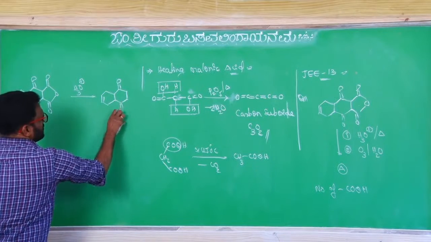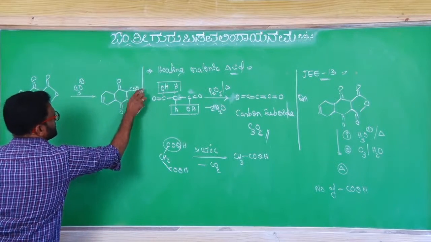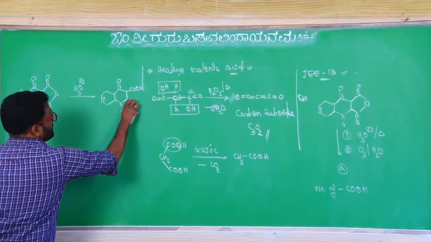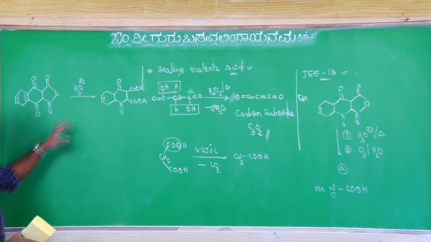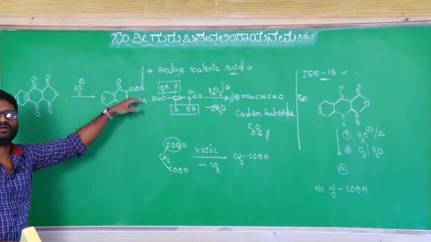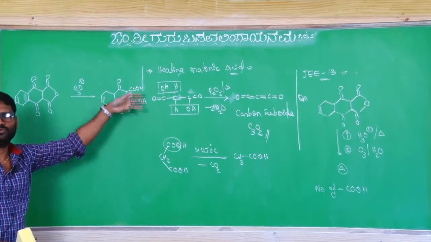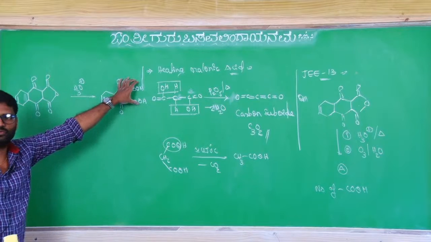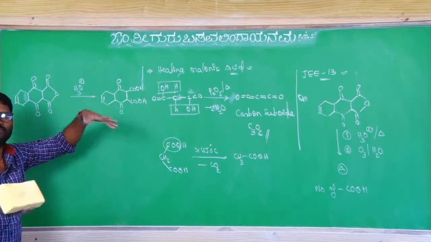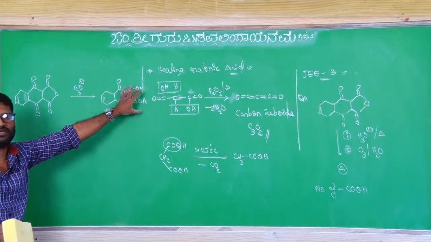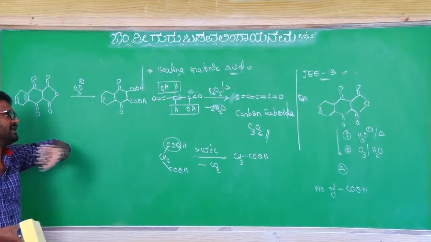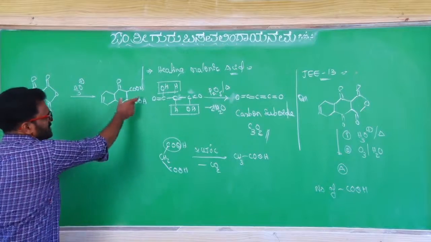This is a keto group, and here you will get COOH, and here also you will get COOH. So when an anhydride undergoes hydrolysis, you will get a dicarboxylic acid. This is a ring, meaning you will get 2 COOH groups. If it is an open anhydride, then you will get 2 moles of one carboxylic acid. So this is the dicarboxylic acid, the product in this first step.